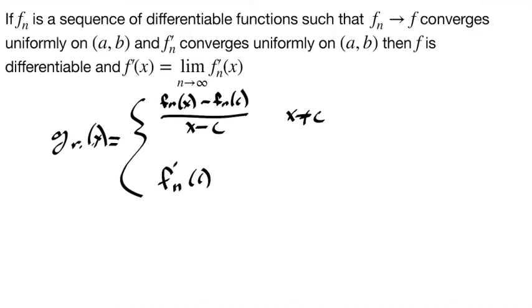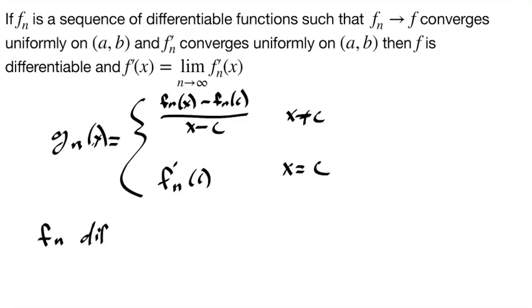And then we're going to make it fn prime of c if x is equal to c. The most important thing to notice here is that gn is basically defined to be the difference quotient, that derivative equation, if x is not equal to c, and then it's the actual derivative at c.